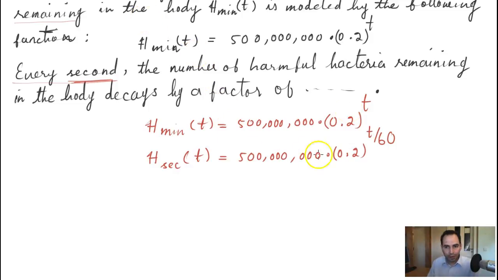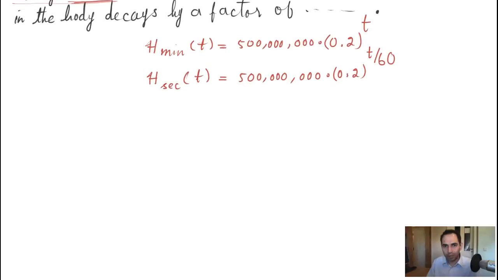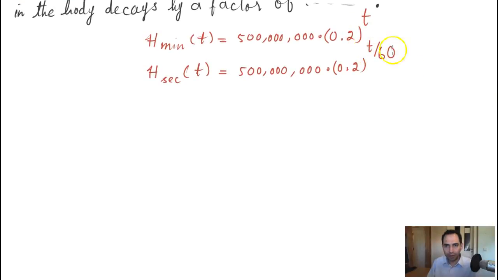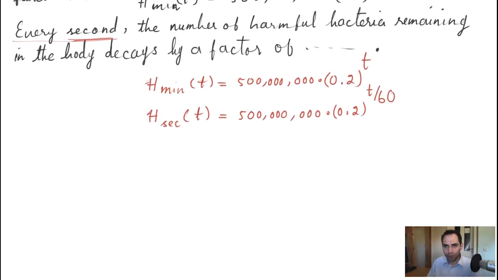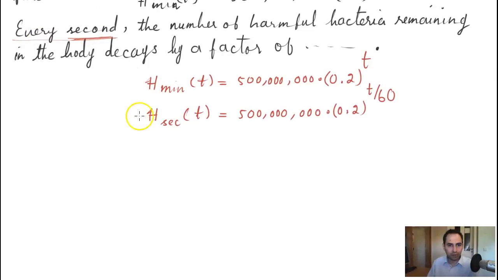But now there is a problem here. The problem is that based on this function, I want to know every second, which is basically this function over here, the number of harmful bacteria remaining in the body decays by a factor of what?